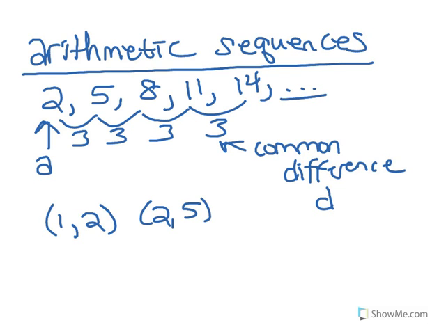Now I'm writing ordered pairs for a reason. These ordered pairs that I'm writing actually form a straight line when plotted on the coordinate plane. Now the space in between them is not filled. These are simply dots on the coordinate plane, but all of these dots are on the same line.